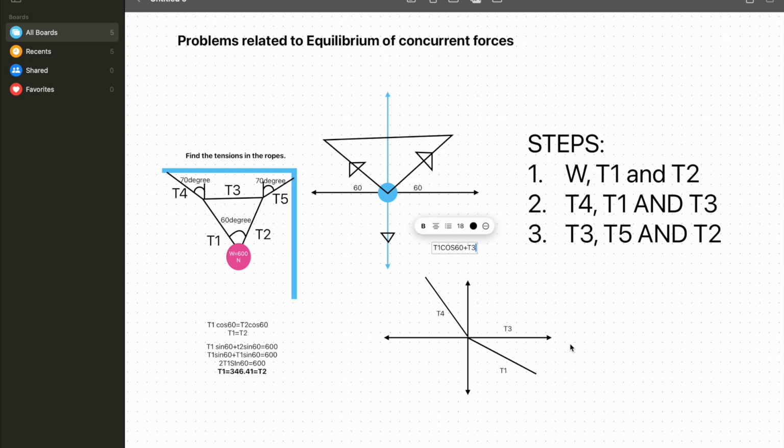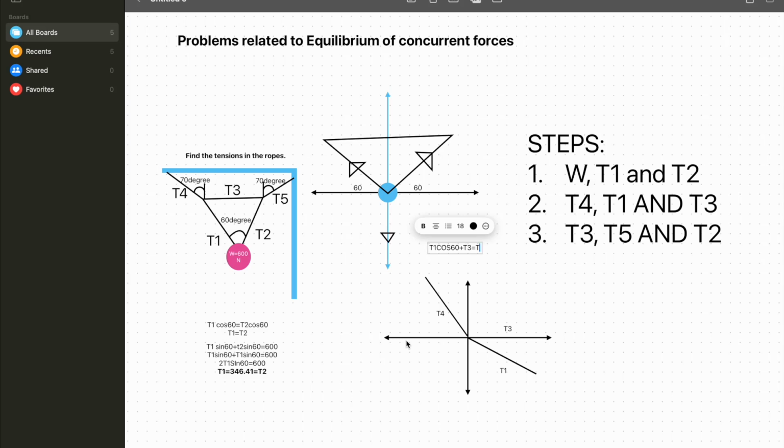The first tension's horizontal component is working at the same axis as T3. So T1 cosine 60 plus T3 equals the working component of T4 at horizontal.